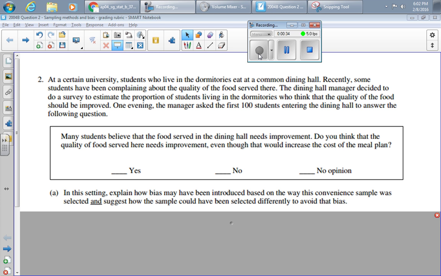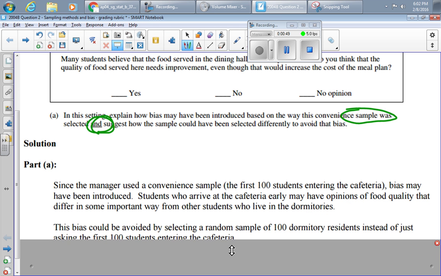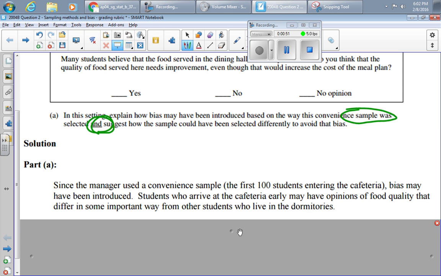So there's two things I've got to do. I've got to talk about how the sample was selected and why that was a problem, and suggest how to improve it. So here is the solution to that. Since the manager used a convenience sample, bias may have been introduced.